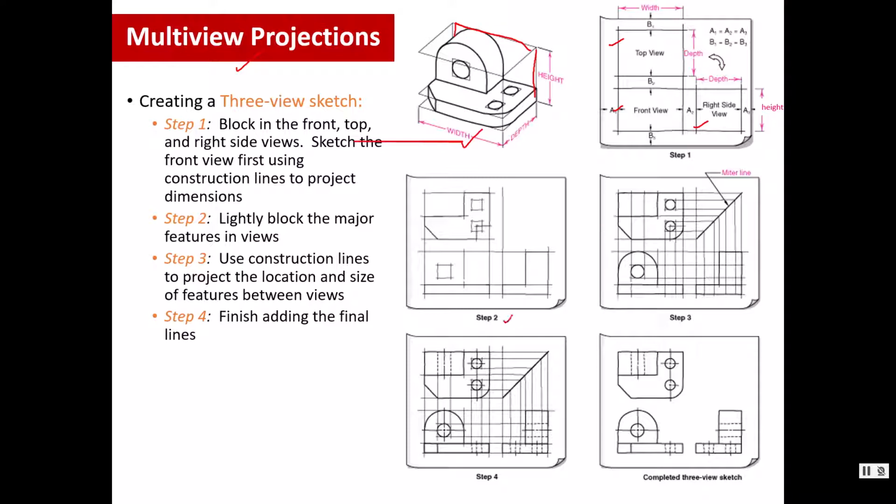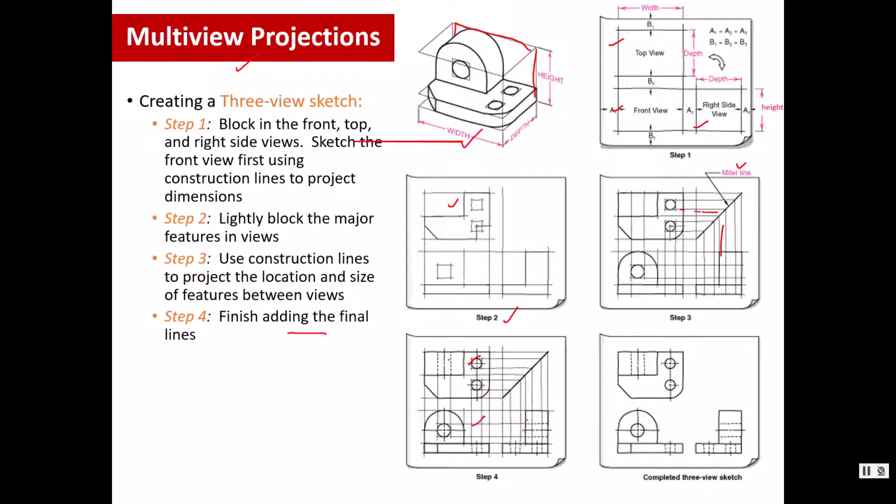And then step 2, we refine it according to the details. And then what we can do, we include the miter line here so that all other information can be transferred, like this one to here and so on. And then after that, we can use the construction lines to project, and then finish adding the final lines.